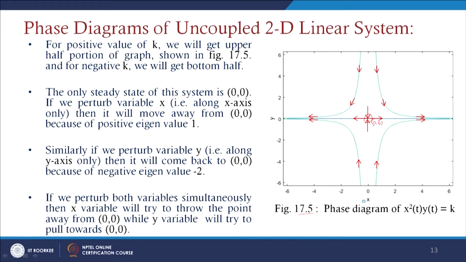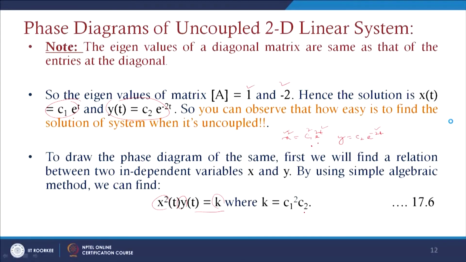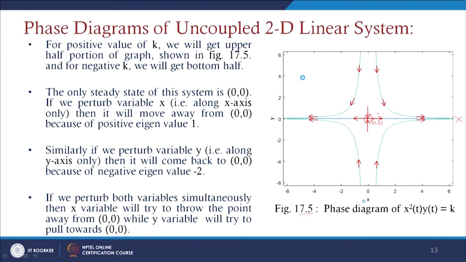If you plot out these values, along the x axis the values are moving away, but in the y direction the values are coming towards the origin. So the x axis is going outwards and the y axis is coming towards the origin. If we plot the variable x along the x axis, it will move away from 0 0 because of a positive eigenvalue, since we obtain two eigenvalues: for 1 it goes away from the origin, and for minus 2 it comes towards the origin.